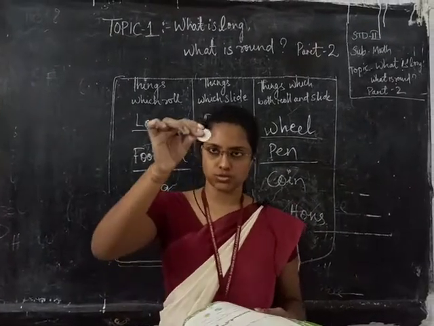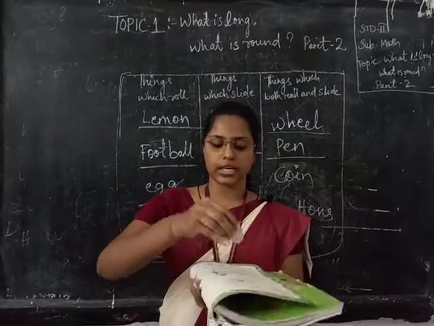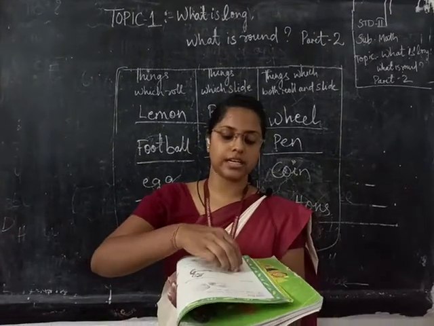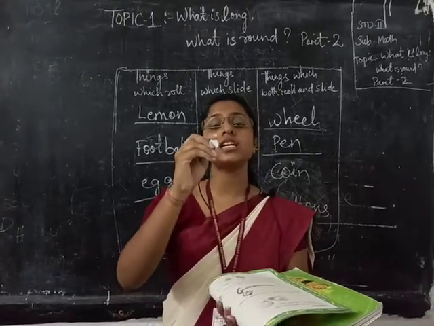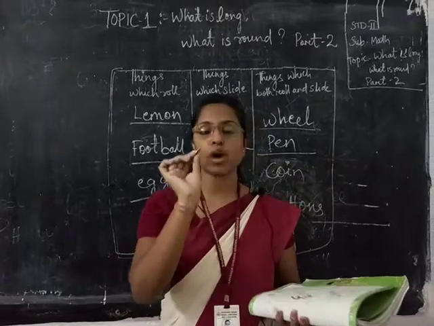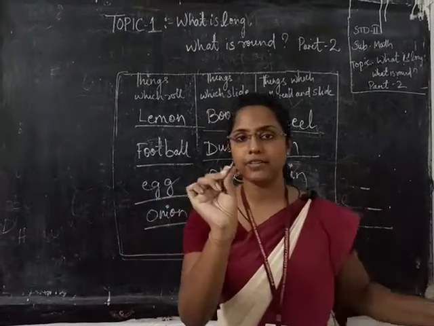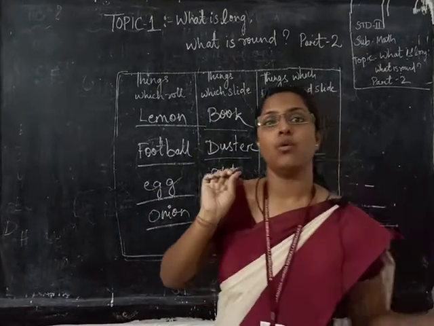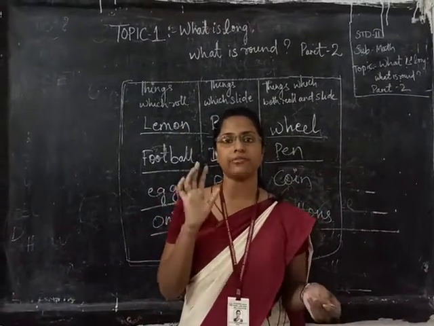If you have, just hold it like this and try to put it like this. Can it stand like this? No, because this has a curved surface. It cannot stand. So you have to do this activity with a 1 rupee coin, 2 rupee coins and 5 rupee coins.